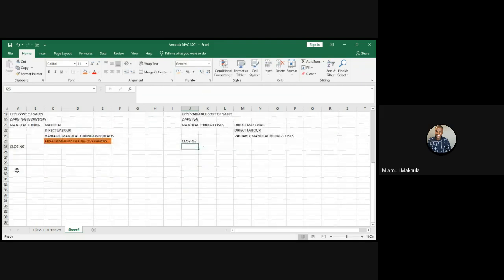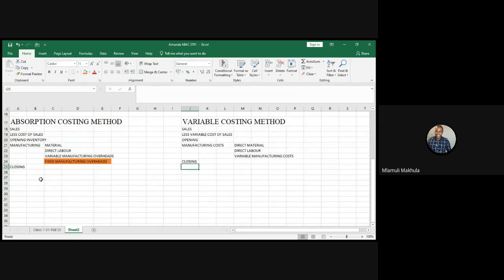And then you will have your unadjusted gross profit. And then this side, you will have contribution. What is contribution?